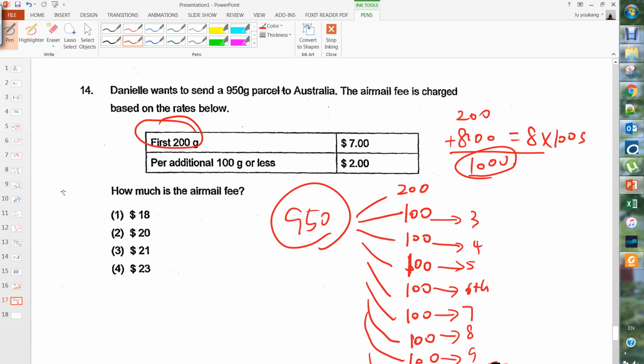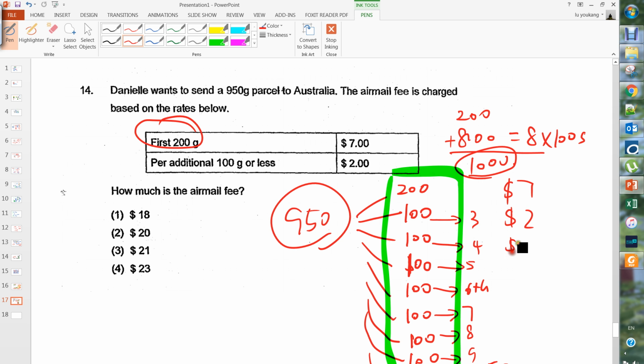So that means your distribution is correct. So make sure your distribution is correct before you what? Before you go and calculate the money. So the first 200 you need to pay $7. Then the rest is $2. So basically you just put the amount beside the list. So I put first.